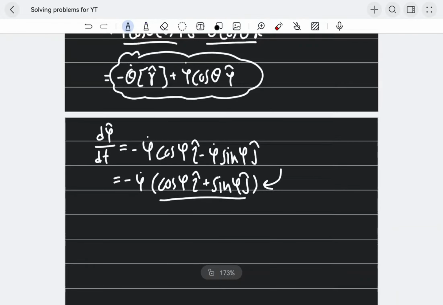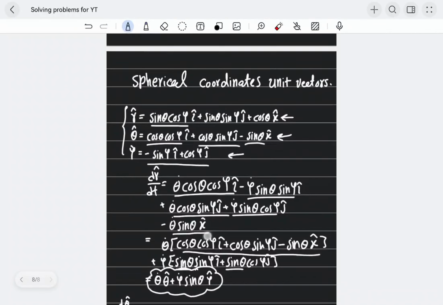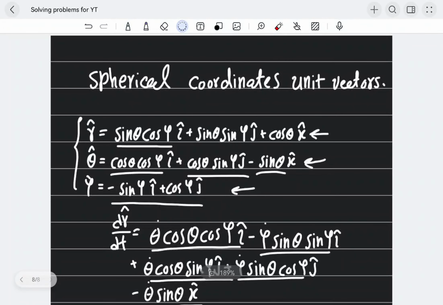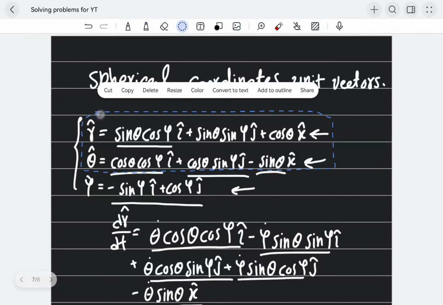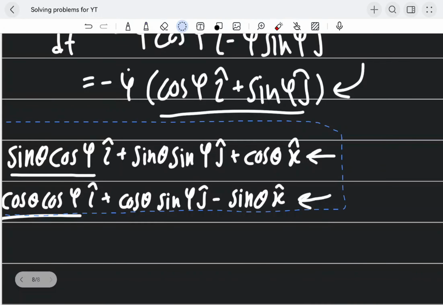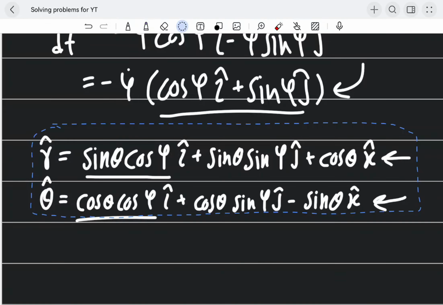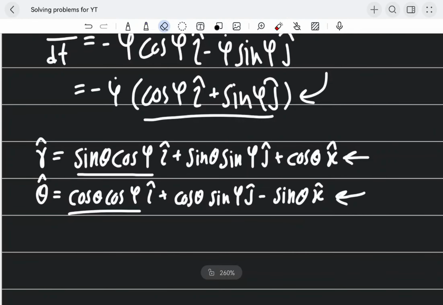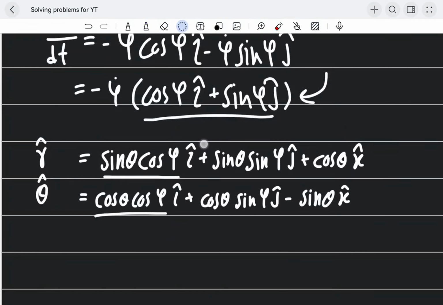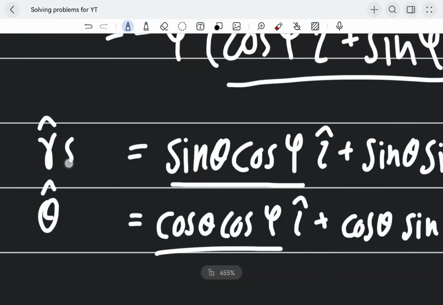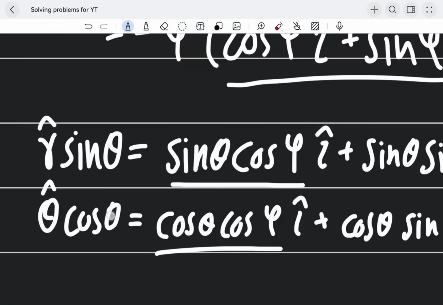The trick is we are taking these two and multiplying here by sine theta, and here by cosine theta.